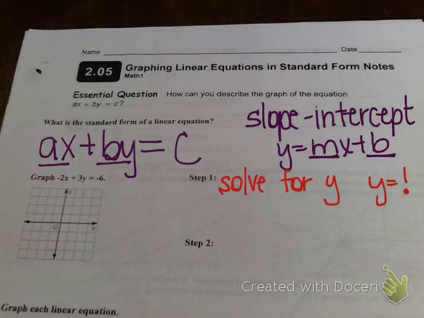So in this case, I would add 2x and divide by 3, and that's divide everything by 3. So we would have y equals negative 6 divided by 3 is negative 2, and then we have 2/3 x. We want to leave that as a fraction because it's slope, and we always want slope as a fraction.